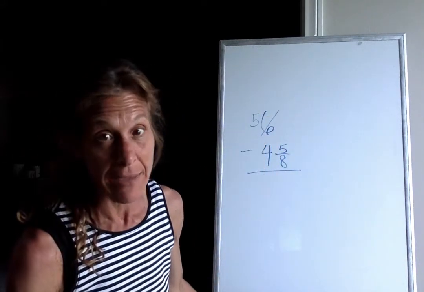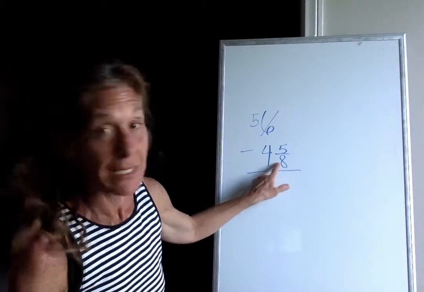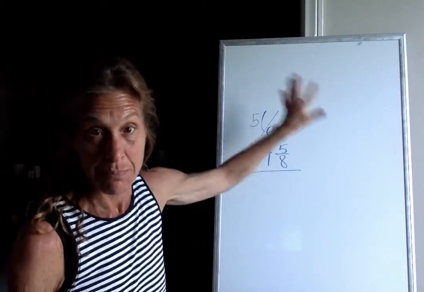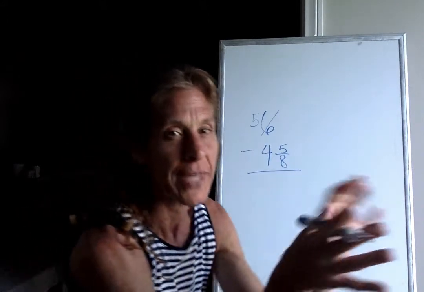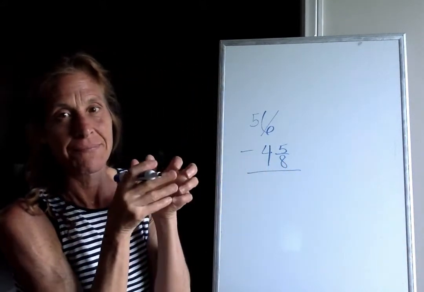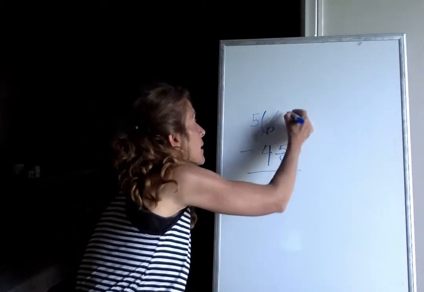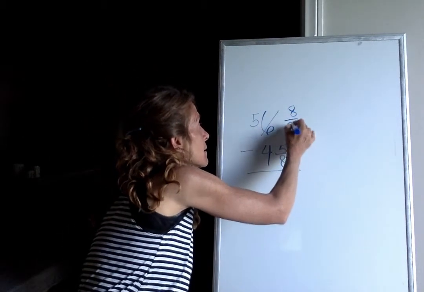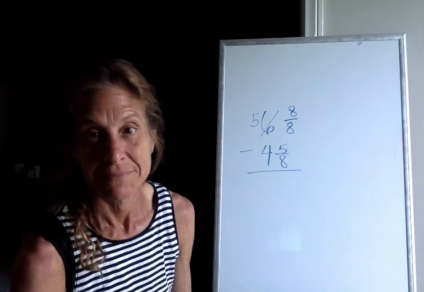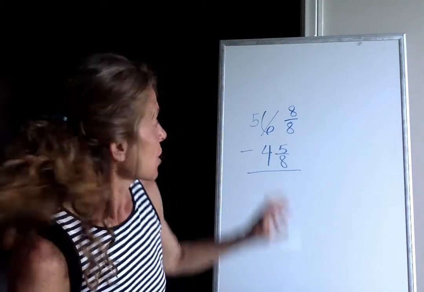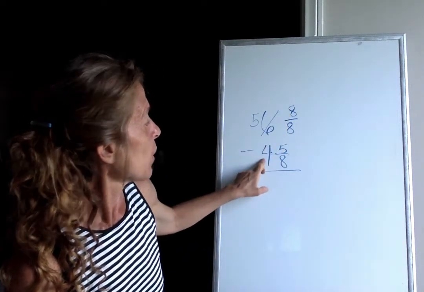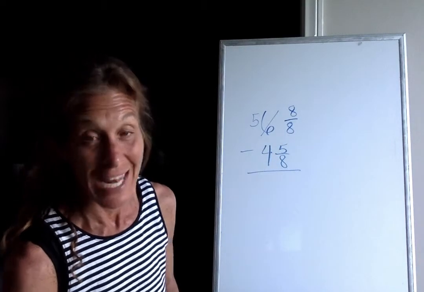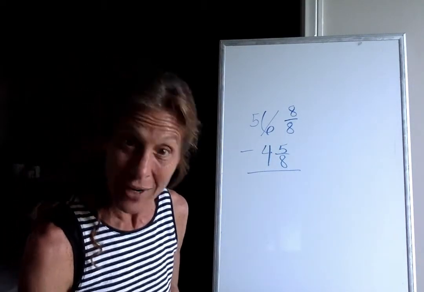That becomes a 5. Now, my denominator in this equation is 8. So what do you think I pulled out of the 6? 8/8. So I have 5 8/8 minus 4 5/8. Can I work the problem now? Of course.